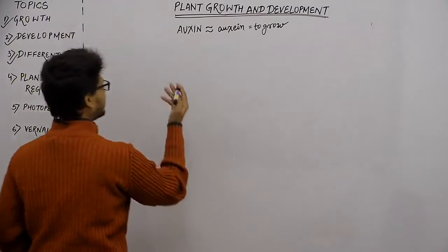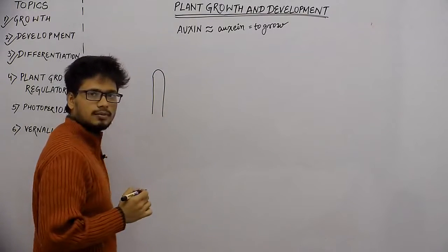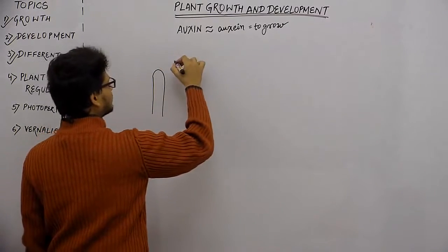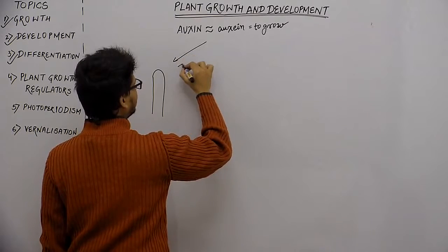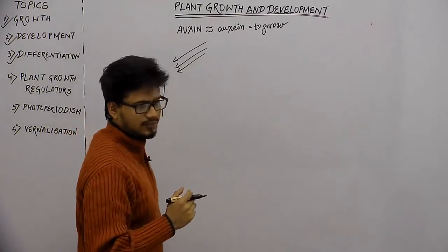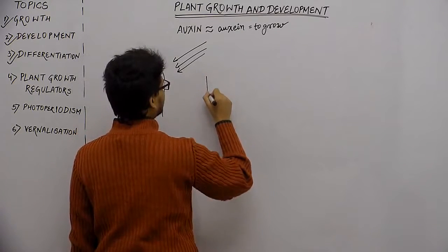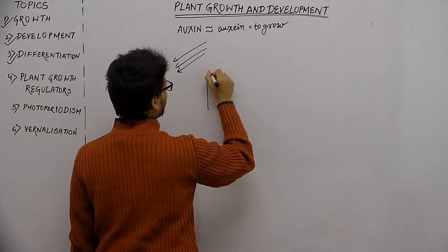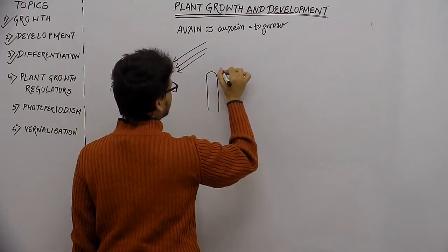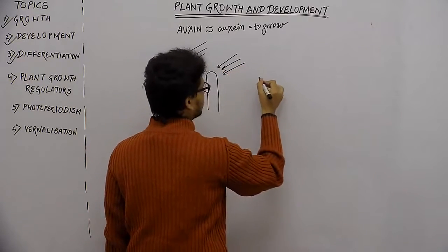When it was placed in the path of light, let us say we are getting light from this side, the plant will show movement in the direction of light.